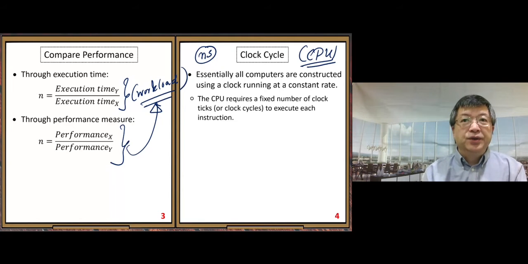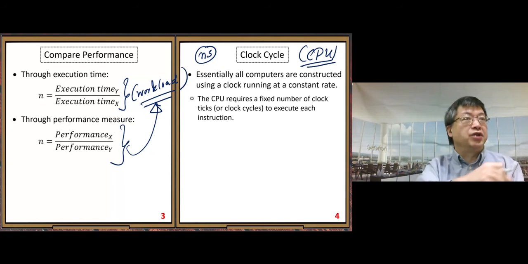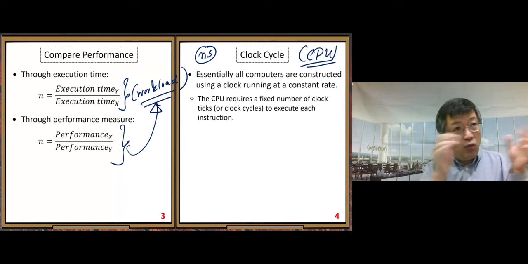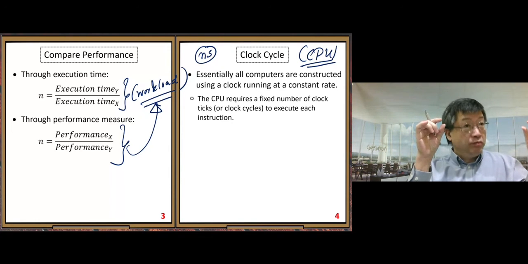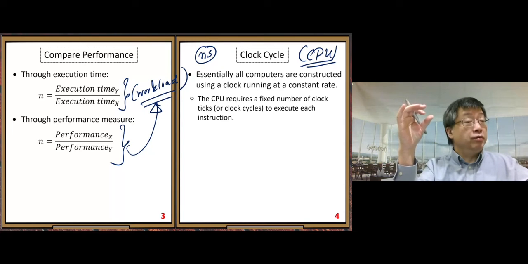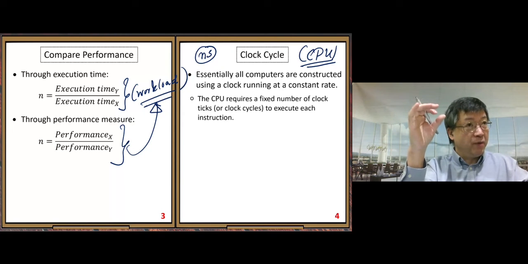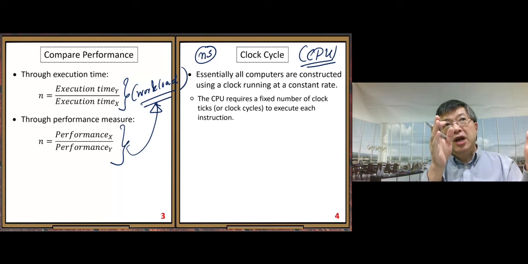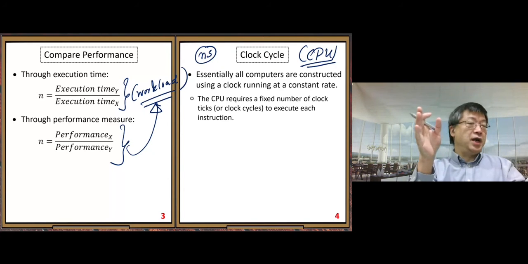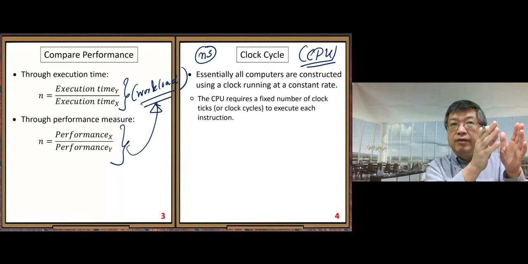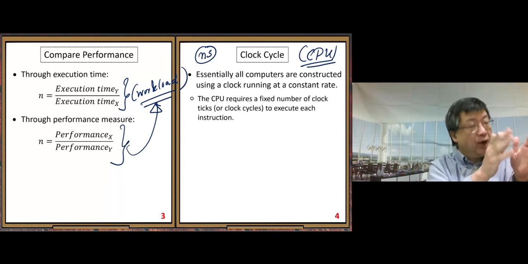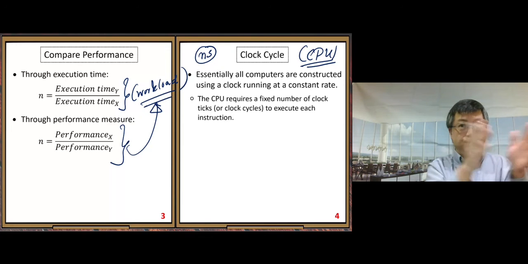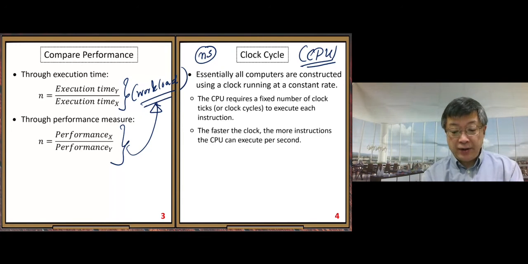To execute each instruction, one instruction in machine code, machine language, the CPU takes a certain number of clock cycles to complete. Some instructions are more complicated, so we need to use more clock cycles. Some instructions are relatively easier, so we use fewer clock cycles. So that's the basic fact.